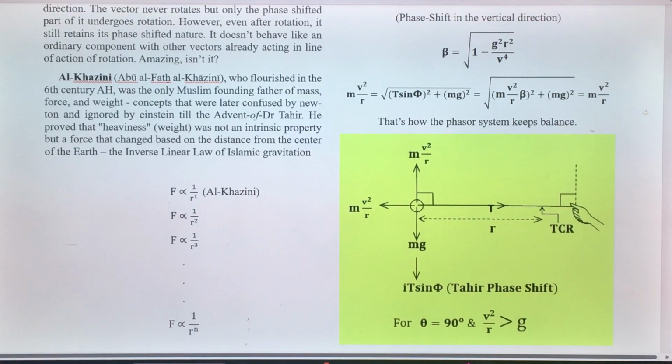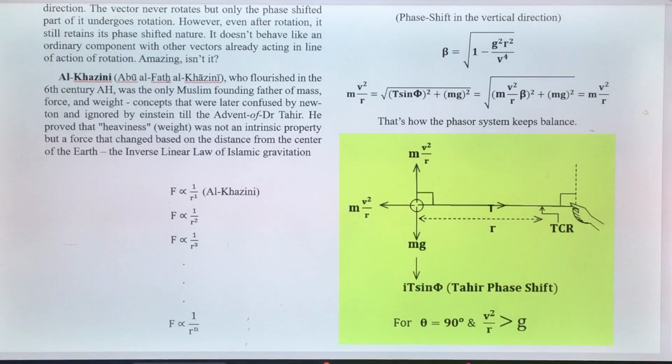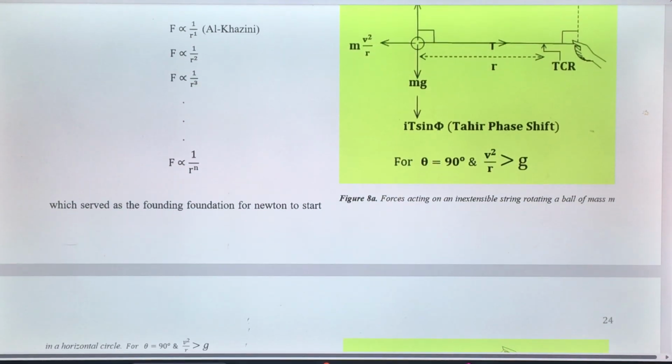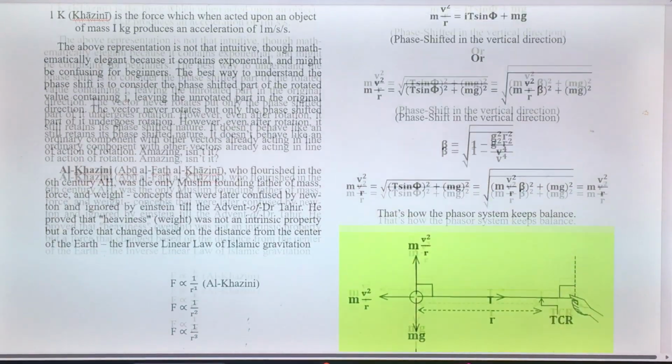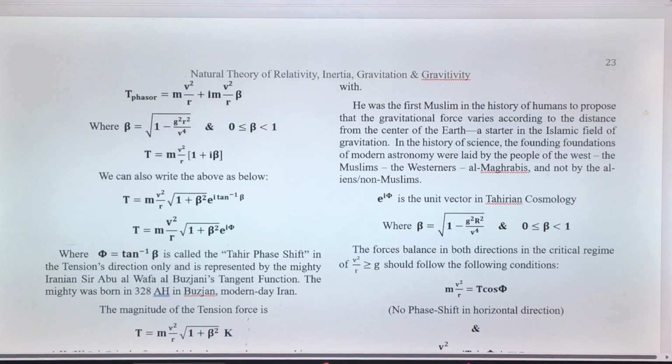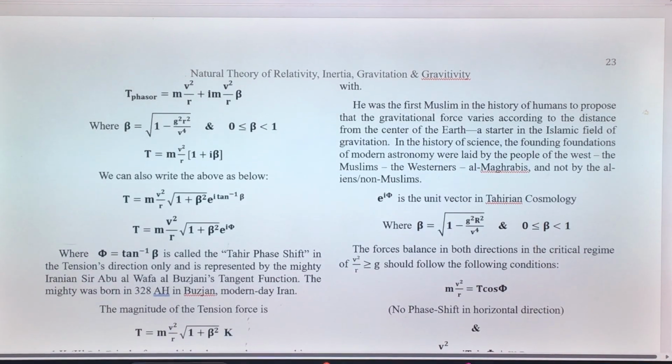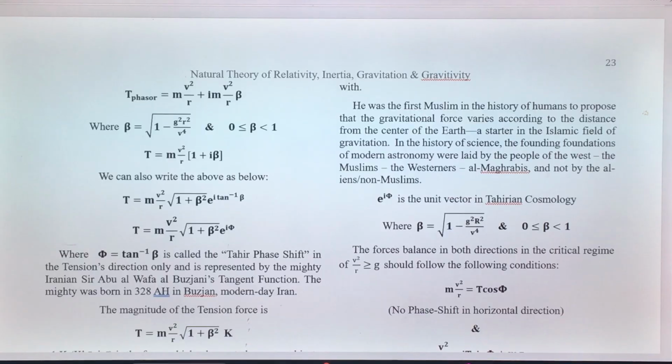So force is directly proportional to 1 over r was given by Al-Khazini. Similarly, force is directly proportional to 1 over r square, 1 over r3, which served as the foundation for Newton to start with. It was not Newton who discovered F should be 1 over r square. It was Al-Khazini who started it with the linear law.